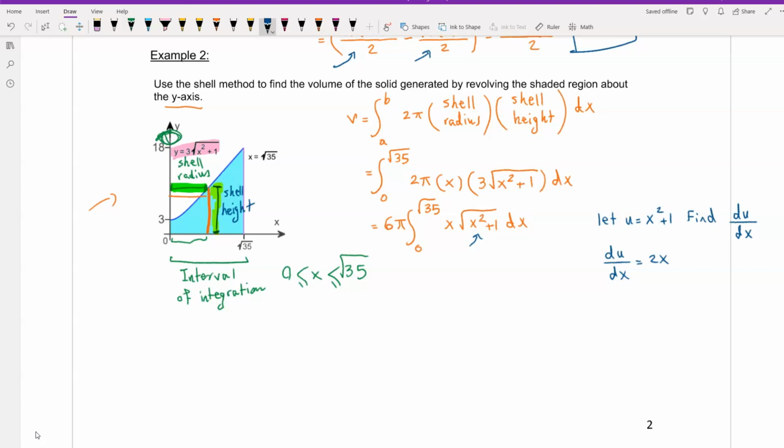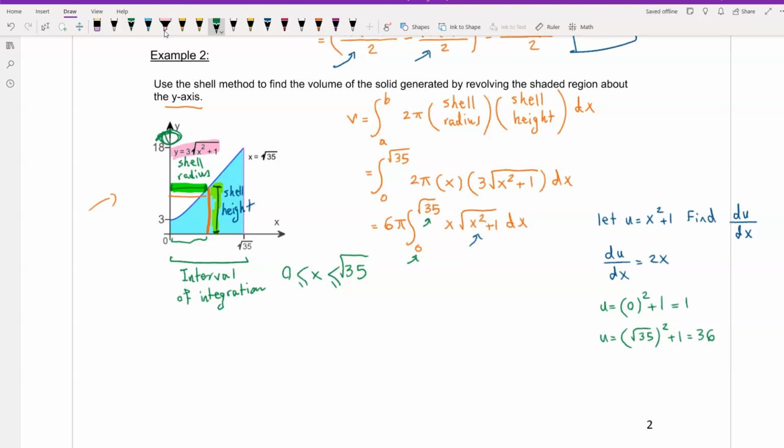So substitute the lower and upper limits for x into what we have for u. Our interval is from 0 to square root of 35. I use these two here instead of x, and then find u. So u is equal to 0 squared plus 1, which is equal to 1.